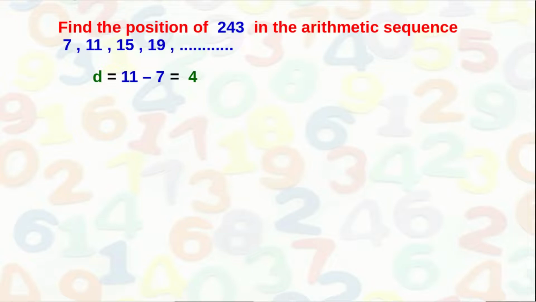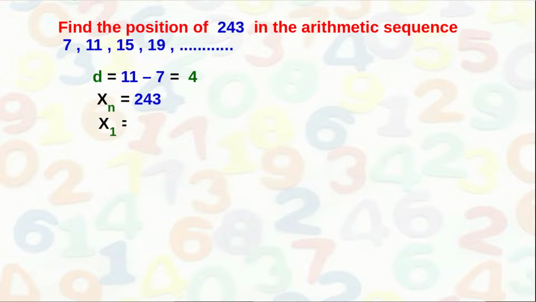We have to find the position of that term. Let us assume that 243 is the nth term of the sequence, that is xn equal to 243, where n is the position of the term 243, and we have to find the value of n.